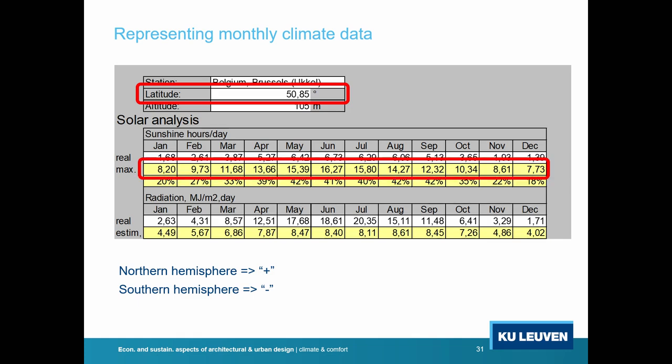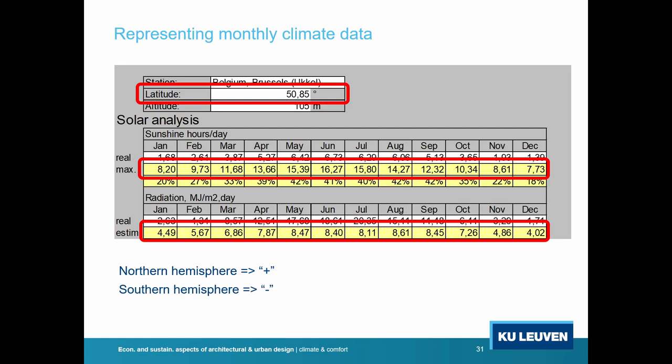All right, then we have, based on this latitude, the first thing that is calculated is the maximum number of sunshine hours. So just based on the position. No clouds are assumed, and we calculate it automatically. And the same for the estimated maximum radiation. Yes?